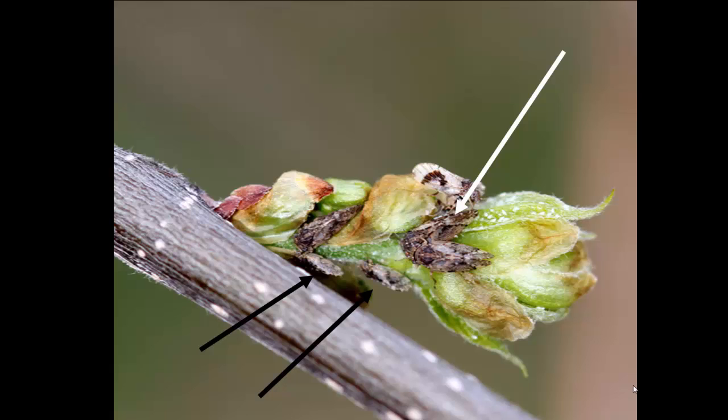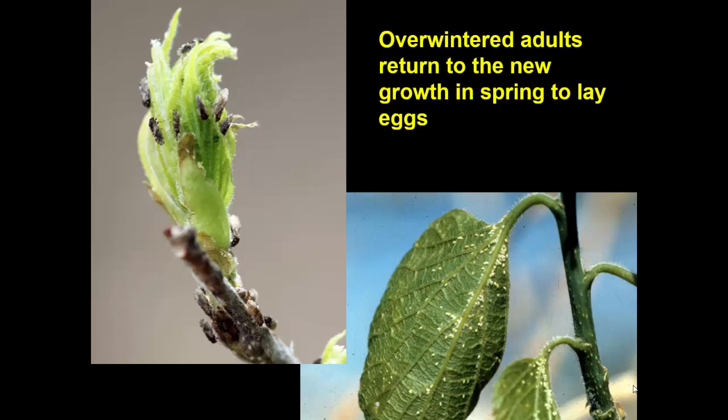So we see multiple stages in this picture. The white arrow indicates a larger psyllid than the black arrow. The white arrow indicates a hackberry nipple gall psyllid. It will make a big bump on a leaf, and the smaller ones are going to make a little blister on the leaf.